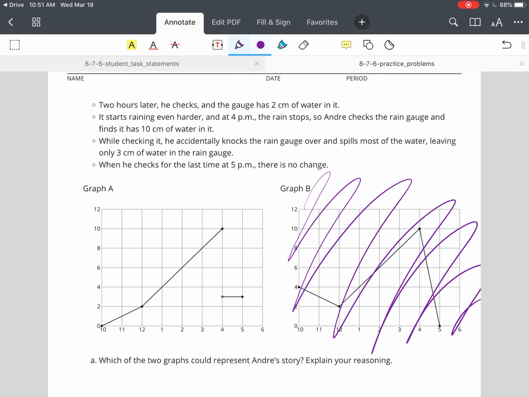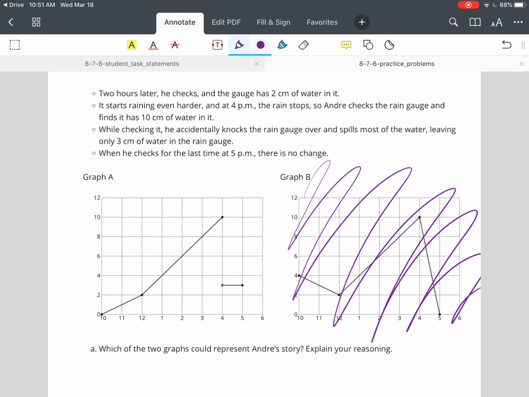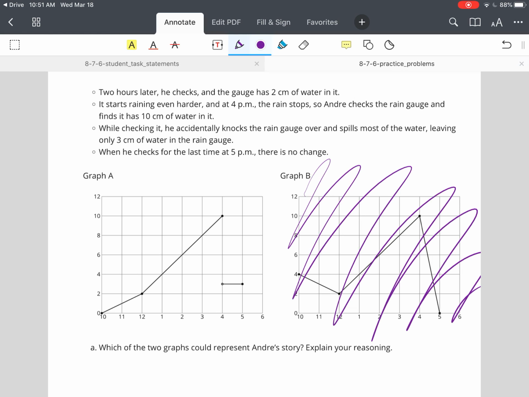Okay. After 2 hours, there's 2 centimeters. That makes sense. It starts raining even harder, and at 4 p.m., the rain stops. And Andre checks the rain gauge and finds it has 10 centimeters of water in it. Okay, that kind of makes sense.